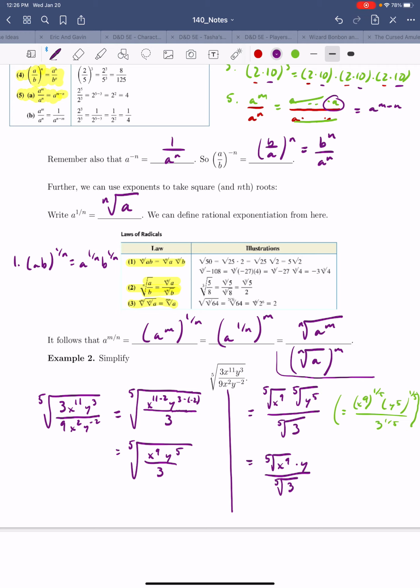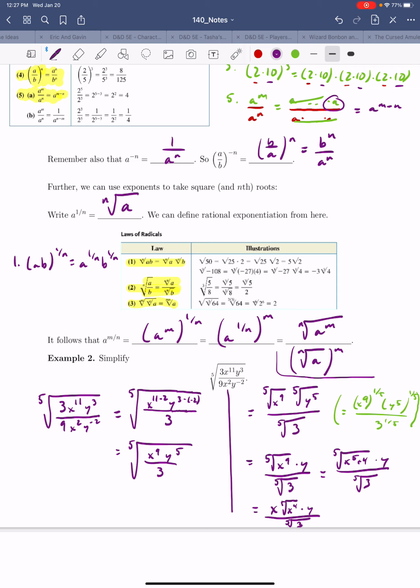So we've got that. Now, if you want, you can also rewrite this. You can pull out a copy of x to the 5th. You can note that this is really the 5th root of x to the 5 plus 4. And so you can rewrite this as x times the 5th root of x to the 4th times y all over the 5th root of 3.